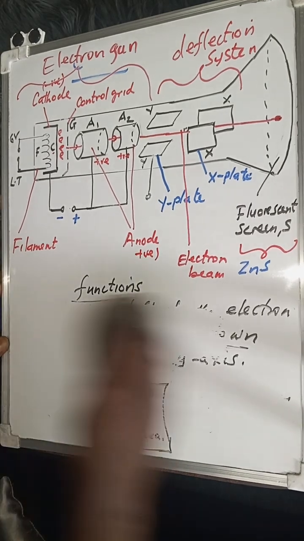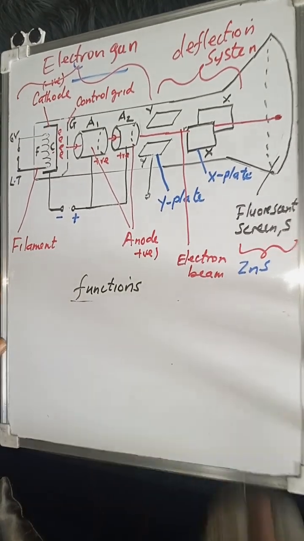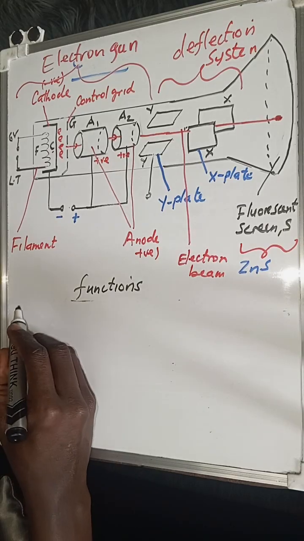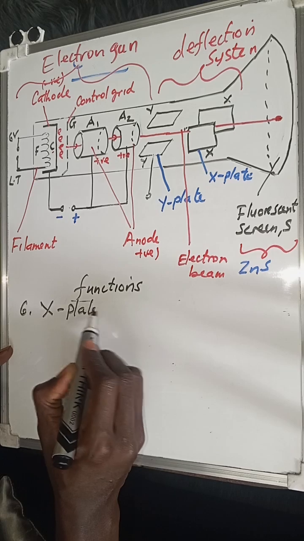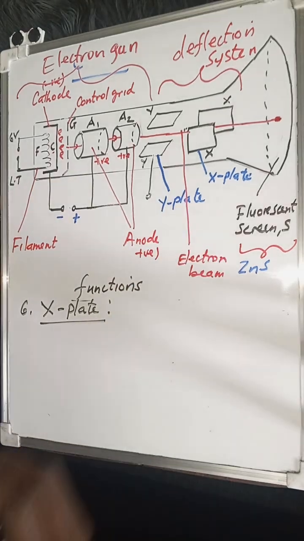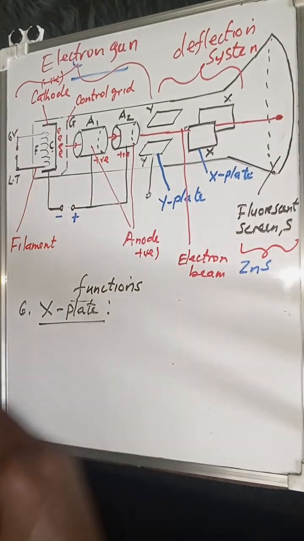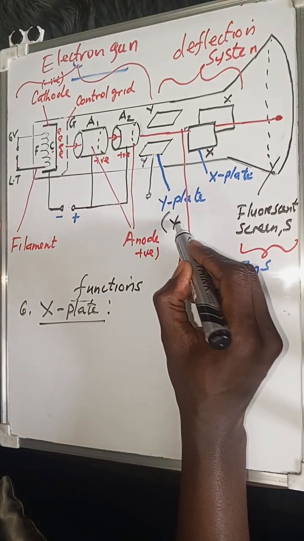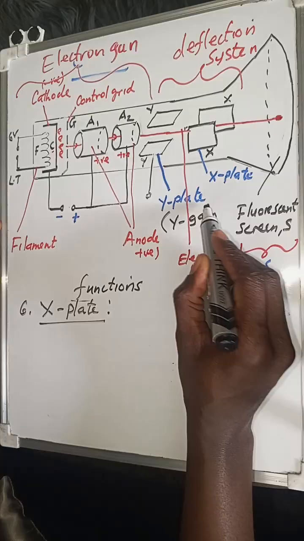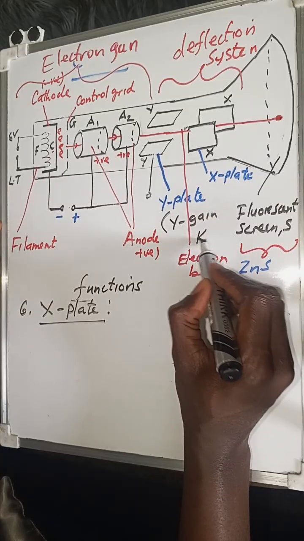Let's move on and look at the X plate. What does the X plate do? I believe that should be 6. I want to mention that the Y plate is connected to what we call the Y gain control knob, or the Y gain knob.